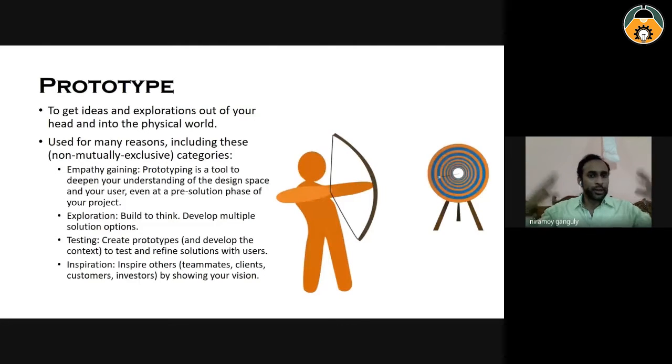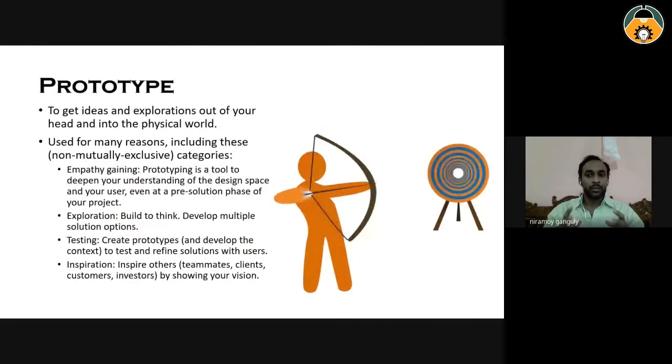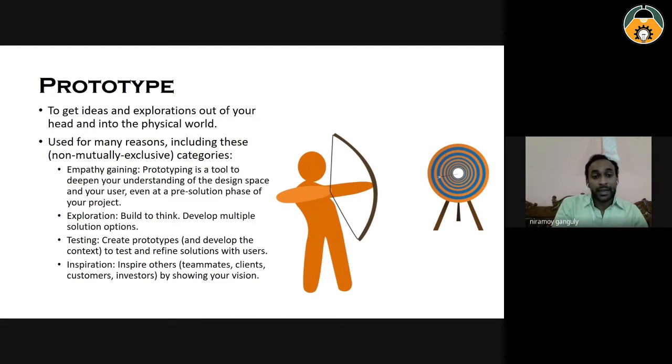Then comes prototyping. Once you've got all the ideas together, it's important to quickly create a little prototype, and then you test it out to see exactly whether the ideas that you have created resolve that problem, or whether it is in the right direction.